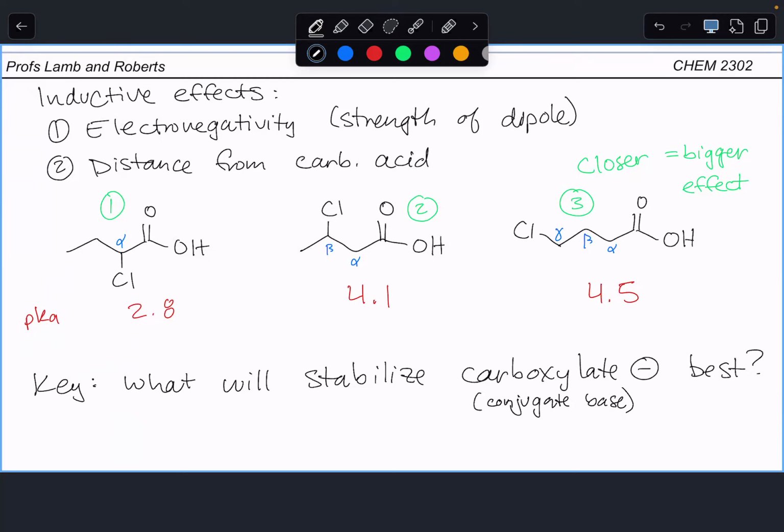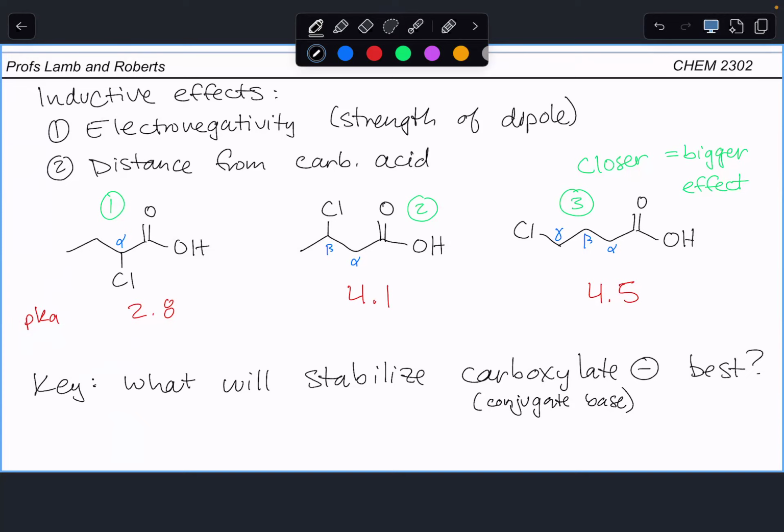It's like different ways of thinking about it, and I think that different people's brains work differently, so I'm trying to show it to you in a couple of different ways. But in general, anytime you're thinking about pKa trends, what stabilizes the carboxylate, the negative charge, the conjugate base? That's generally going to be true. But there are different ways that you can stabilize it. Today, we've been talking about induction, because alkyl carboxylic acids really only have induction from those substituents.